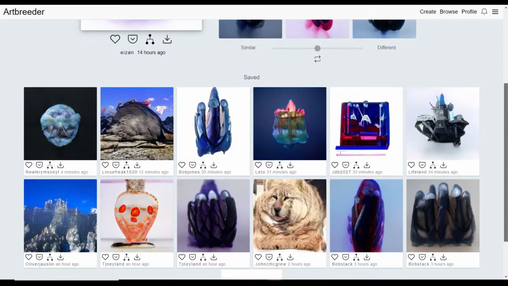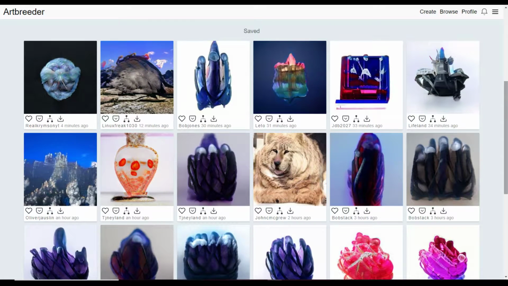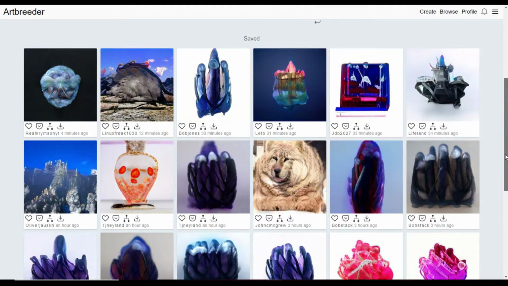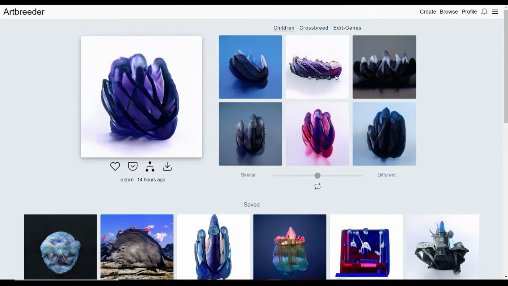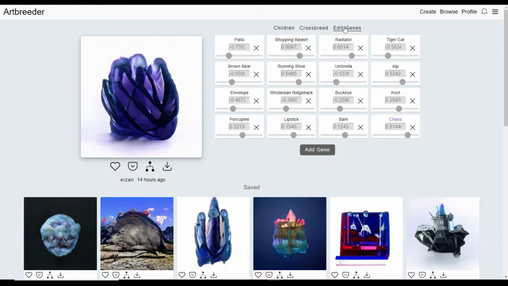On the bottom here, these are versions of the image that other people have generated, either using this kind of pre-selected information, or by crossbreeding with another image, or by editing the genes directly.